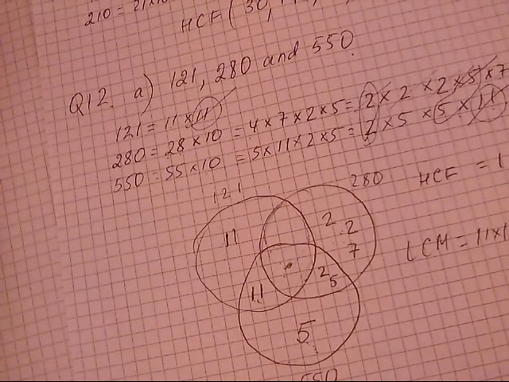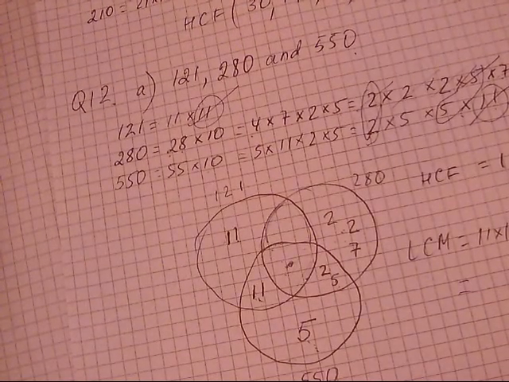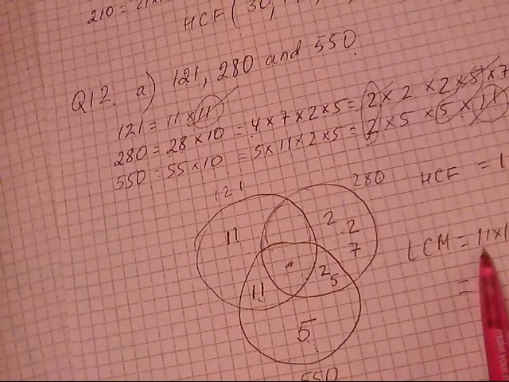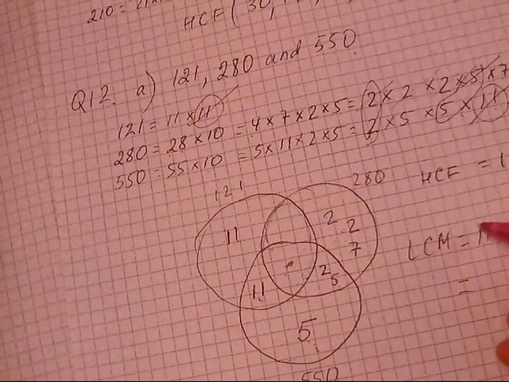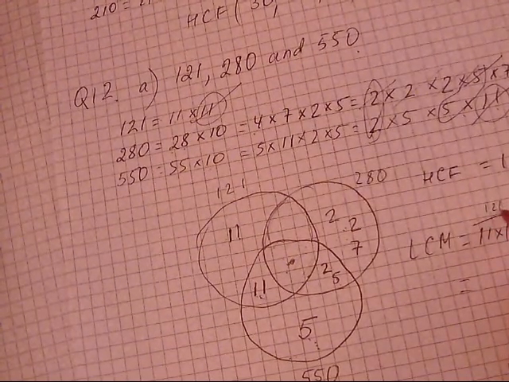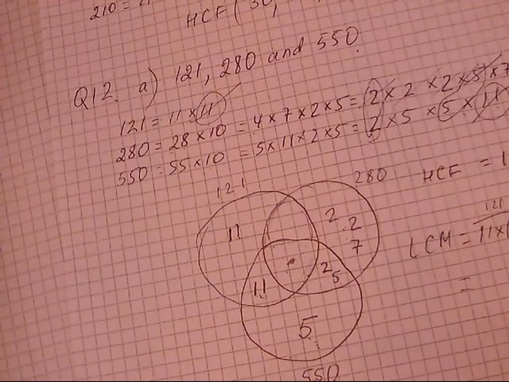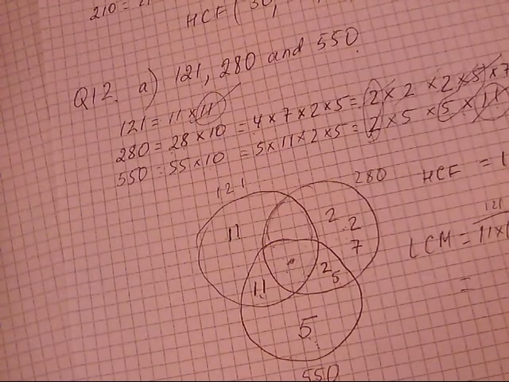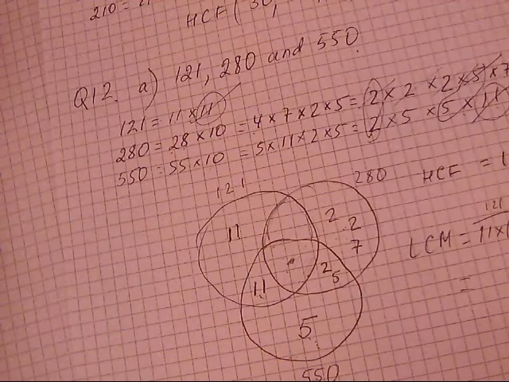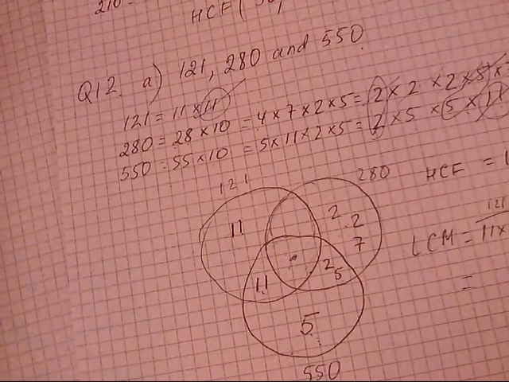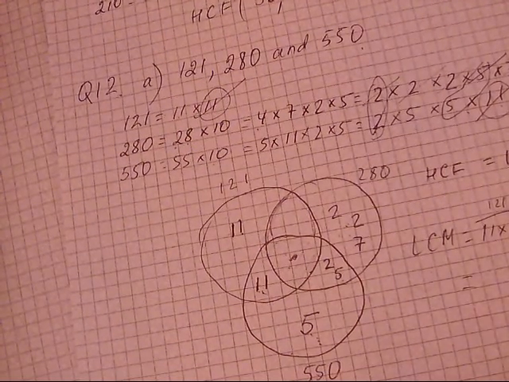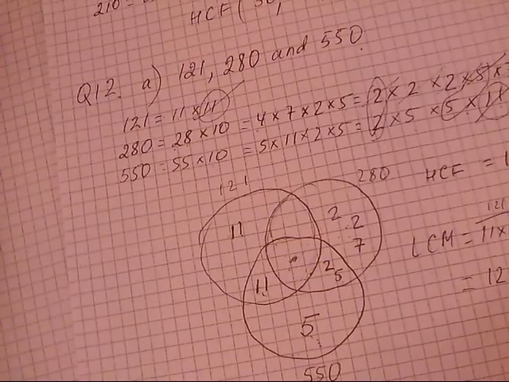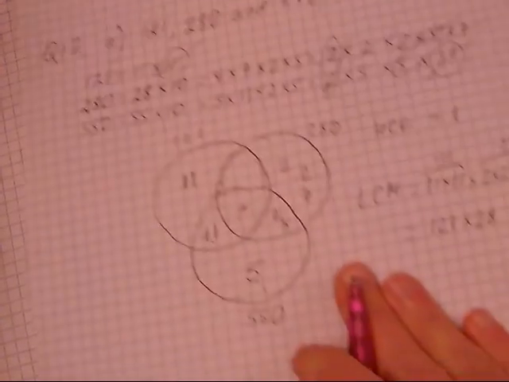Okay, that is your LCM. Obviously we'll not be multiplying all of this, because we know this is, for example, 121, right? And this number, 2, 2, 2, 5, 7, it's actually 280. Please check.